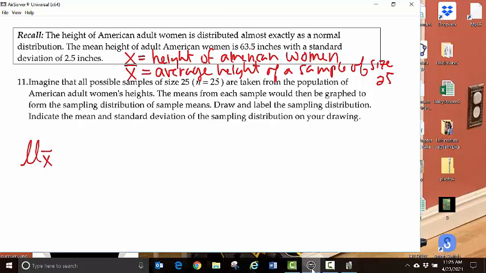Okay. So what would the mean still be? It would stay the same at 63.5. What would the standard deviation be? That would be the population standard deviation divided by the square root of 25. Okay.